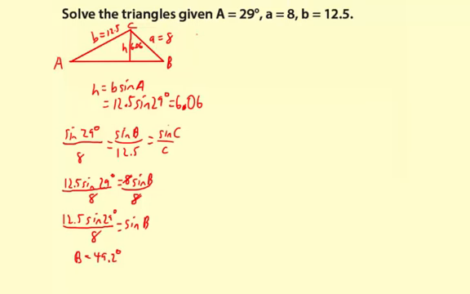So I'm just going to write the values up here. B equals 49.2 degrees. And now to find the measure of angle C, all we need to do is use the Triangle Sum Theorem.